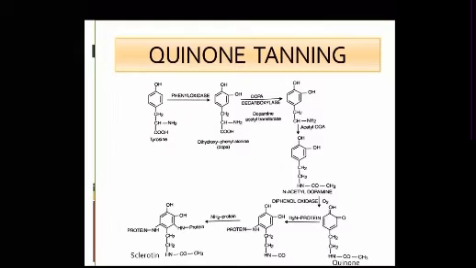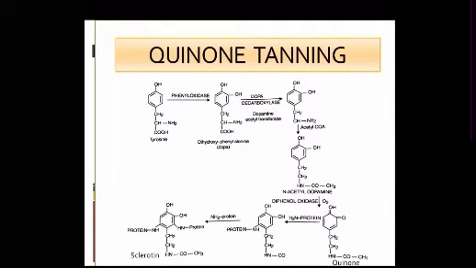Then the diphenol oxidase oxidizes the molecule and quinone is formed, which is the fifth product, and the product on the bottom right corner of this slide. And upon subsequent addition of proteins, finally dark sclerotin is formed at the end.